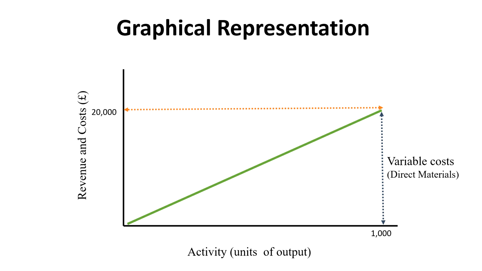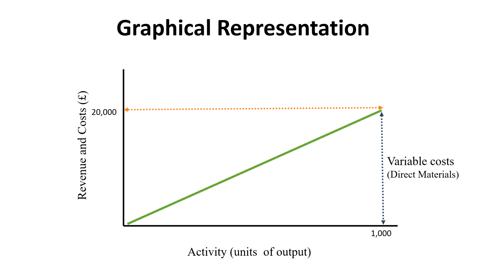So if we were to depict these graphically, they behave as shown by the green line on the graph there. So that green line shows that as the activity level increases, as the units of output increase, as the business makes more products, the costs increase.